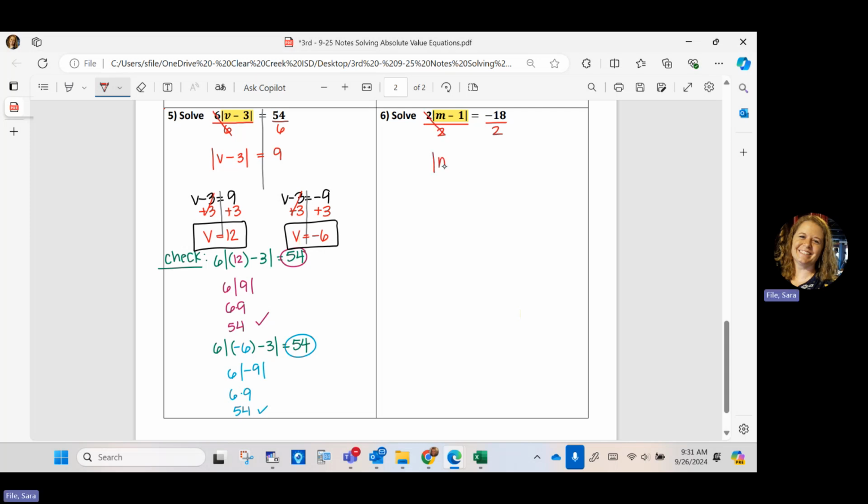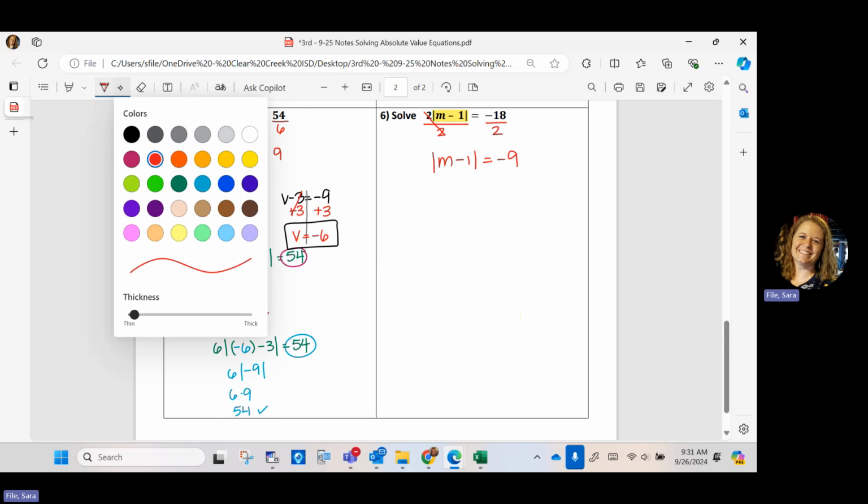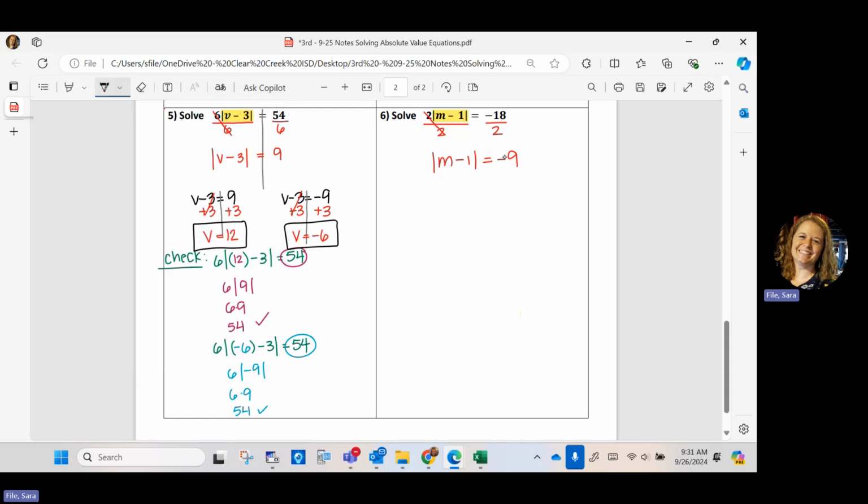So I've isolated the absolute value of m minus 1, and I get negative 9. Is that possible? When I isolate my absolute value, can it ever equal a negative? No, that's what we just said on number 4. We said this is a special case. You cannot equal a negative. This is not possible. So there is no solution here.